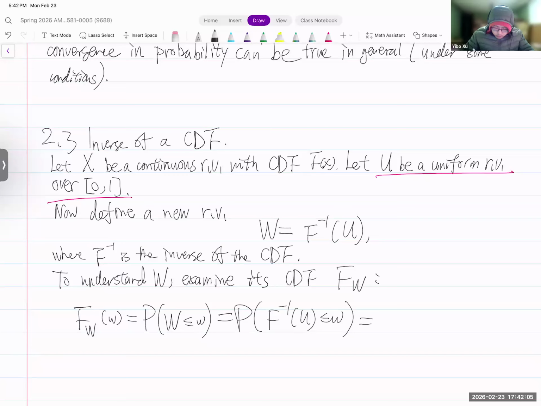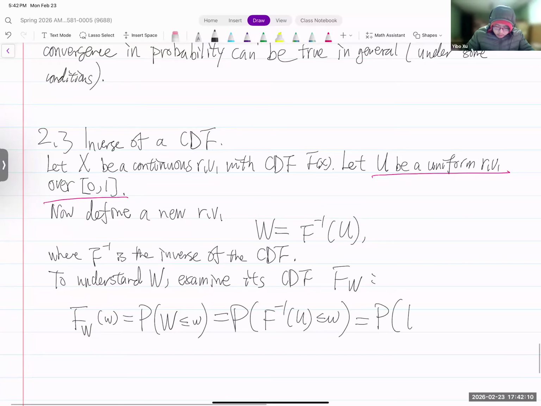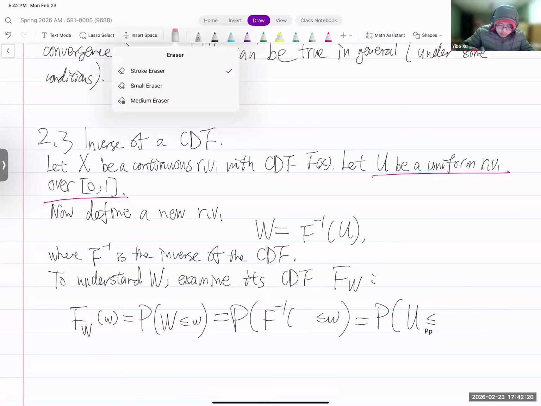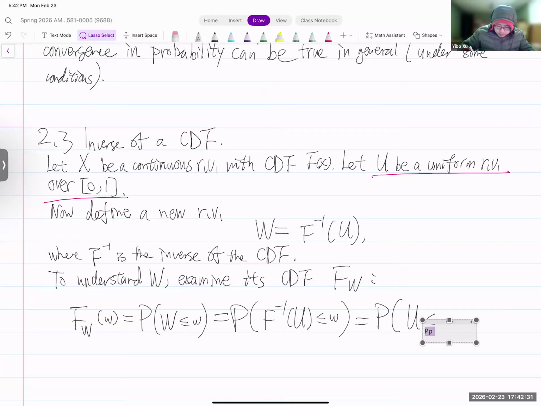So now this equals the probability of U less than or equal to, let me make sure that everything capitalized stays capitalized, so U is capitalized and w is lowercase.